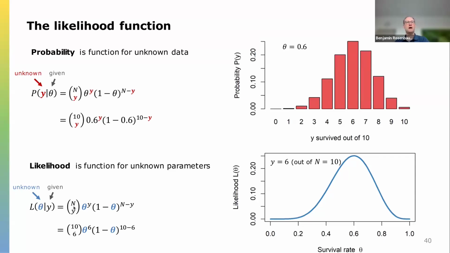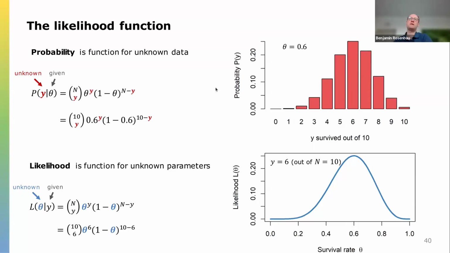So n and y are given here. So this is 10 over 6. And we can compute this for any value of theta. And then we arrive at this curve here. And this is some measure of the probability of the observed data for any of these parameter values.